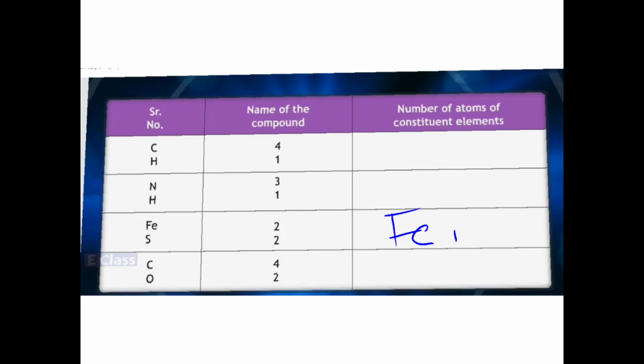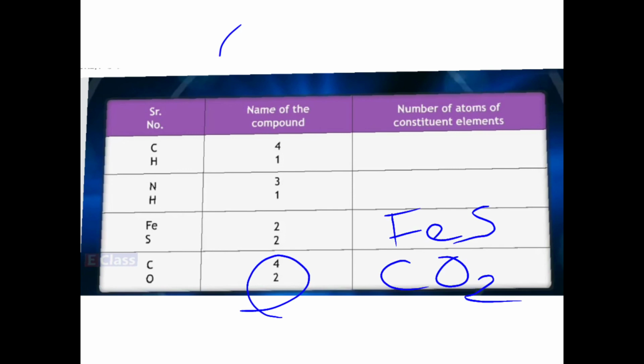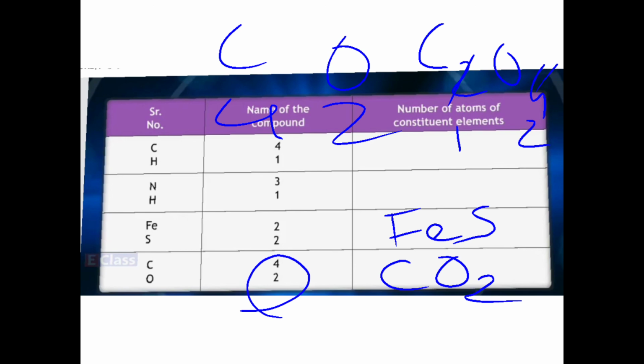So we will have just FeS. And carbon dioxide we have already seen. Carbon dioxide CO2. Right? C is 4, O is 2. So you will have C2O4, and take it in a reduced form. 2 ones are 2, 2 twos are 4. So CO2.